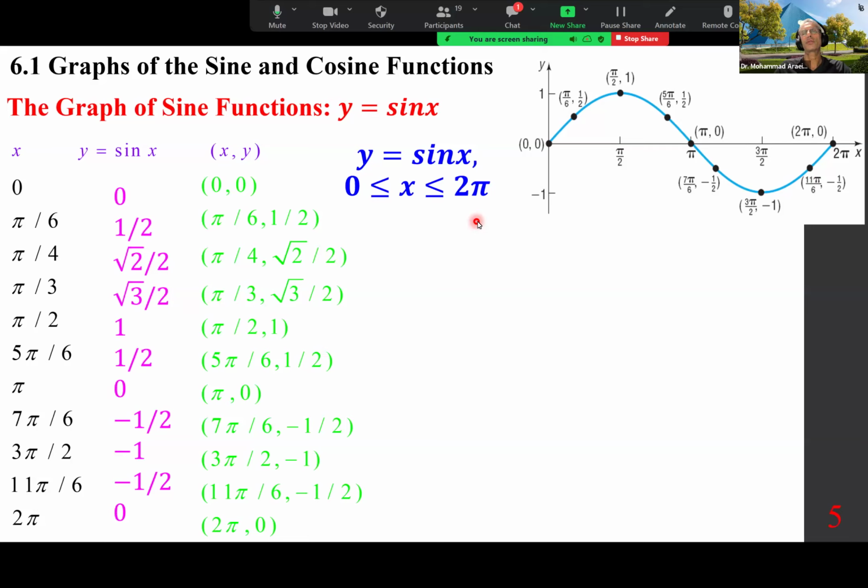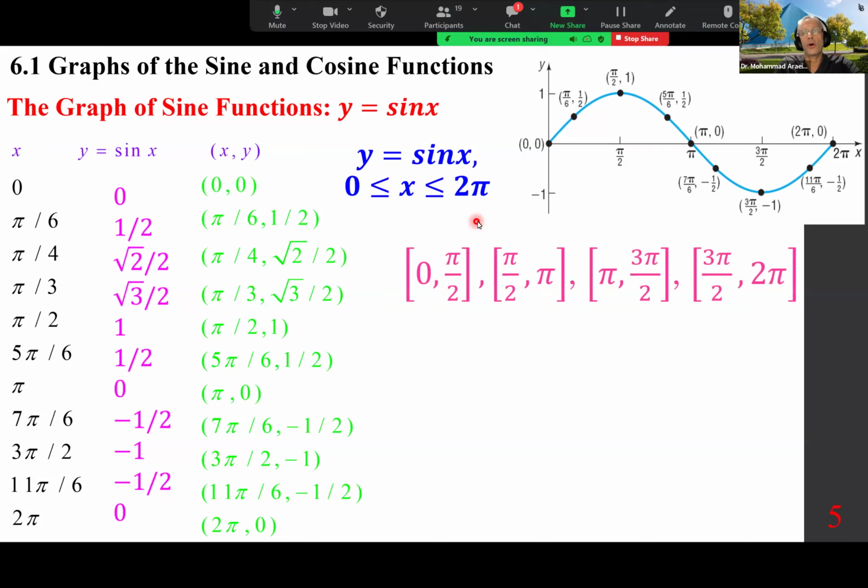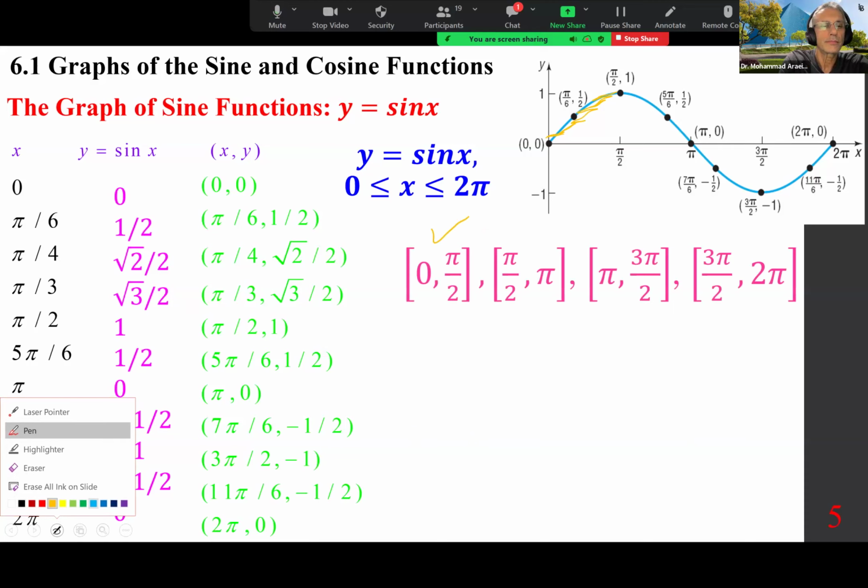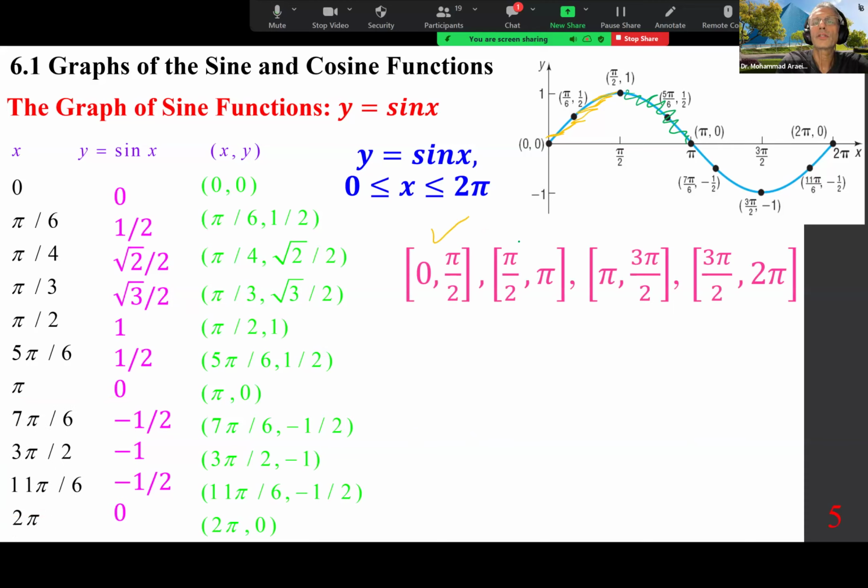We are going to use this concept later on for arcs. Notice this portion is referring to this one. This portion is referring to this one. This is this one.